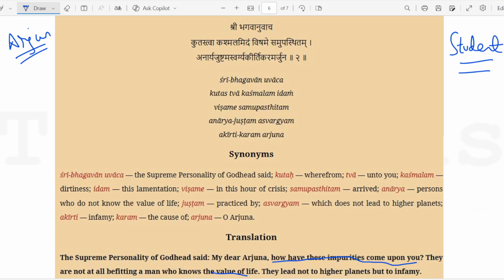And here, higher planets could be an indicator or symbolic, for our context as students, of better positions, better circumstances. So it's very factual.